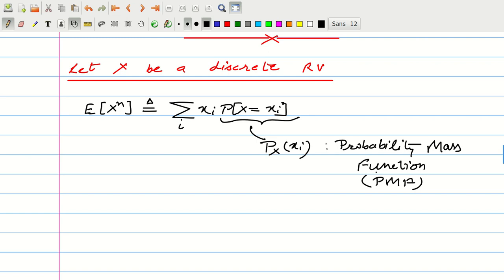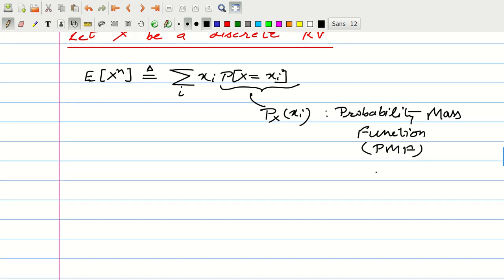One important difference we must keep in mind is that whereas the probability density function is not a probability, the probability mass function is a probability. So we can make a note of it on the side, that PDF is not a probability, but PMF is a probability.